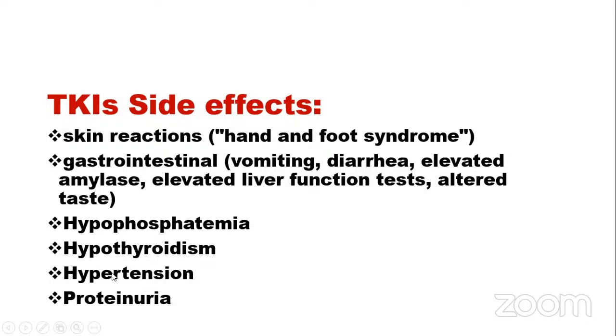Remember the three HBs associated with TKIs: hypophosphatemia, hypothyroidism, plus hypertension, and proteinuria. Always with hypertension, we will find protein in the urine, so proteinuria is also considered.